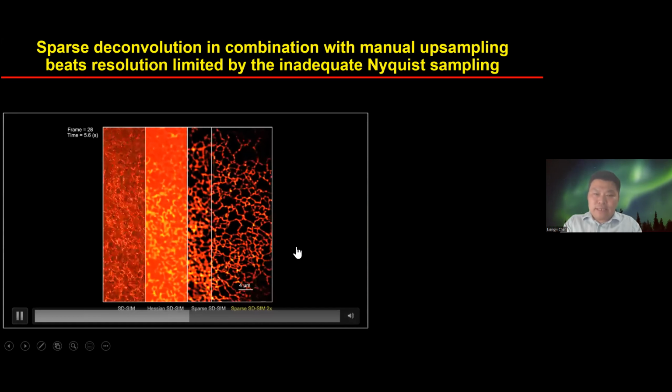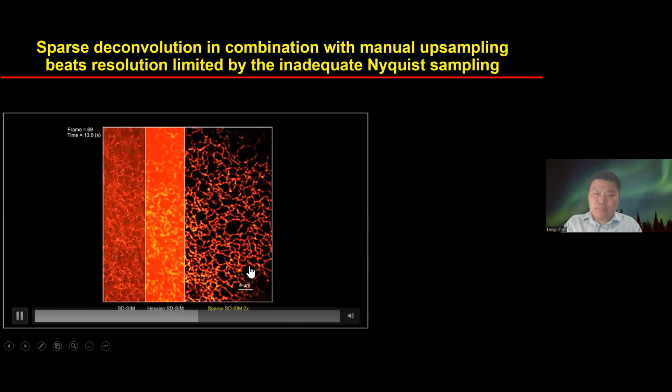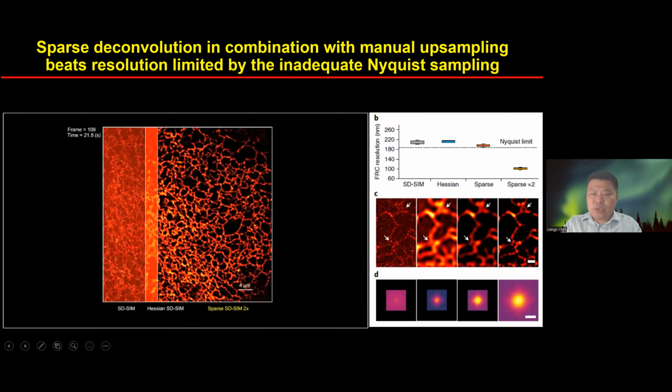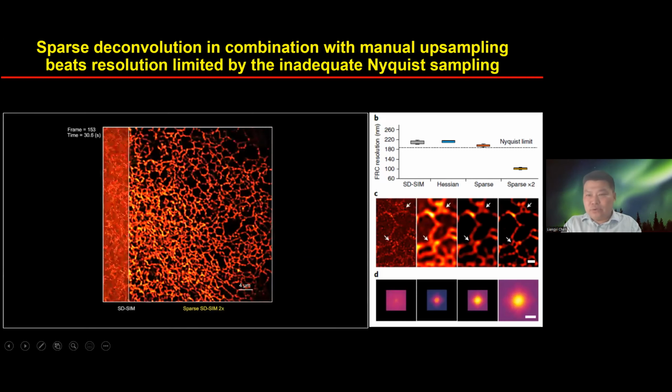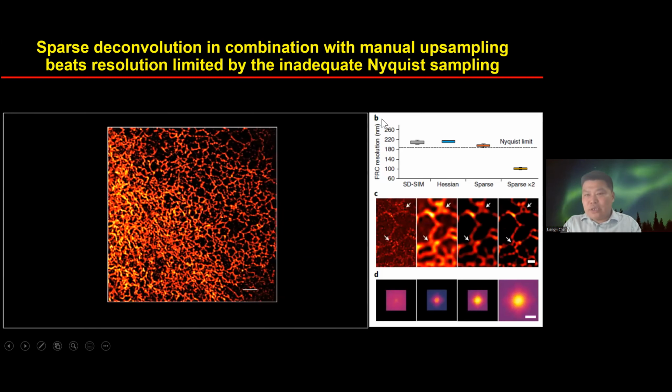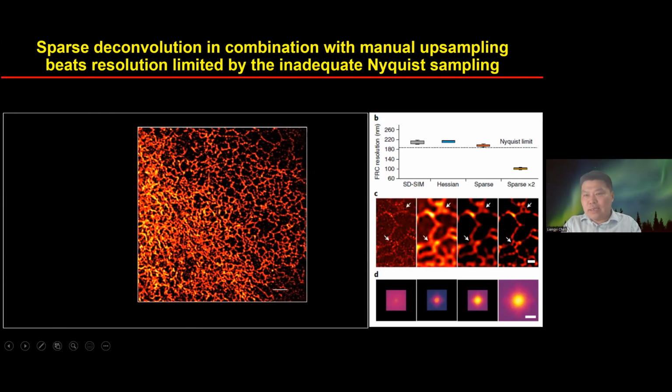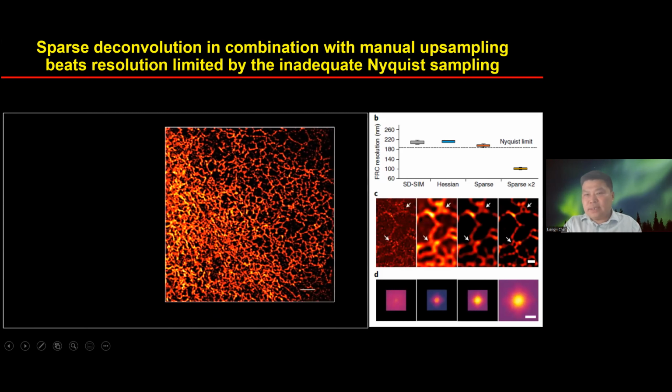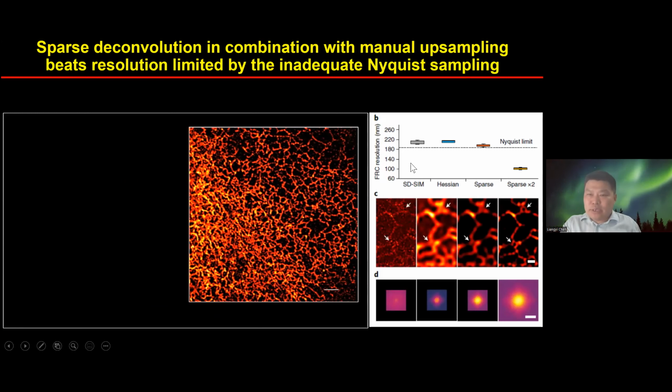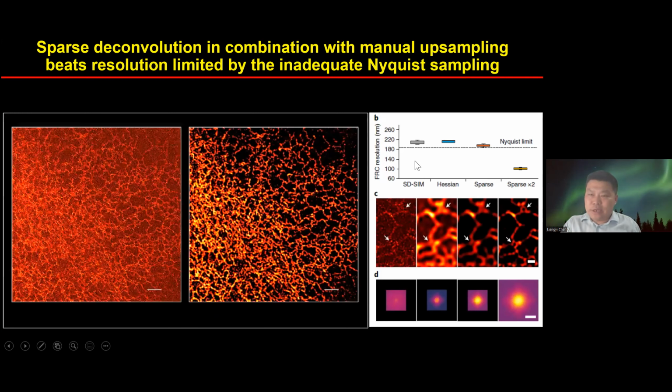For that kind of sample, we can do sparse deconvolution. If we just do sparse deconvolution, you'll see the FRC quantified resolution does not increase much. That is because it's limited by your Nyquist sampling criteria.